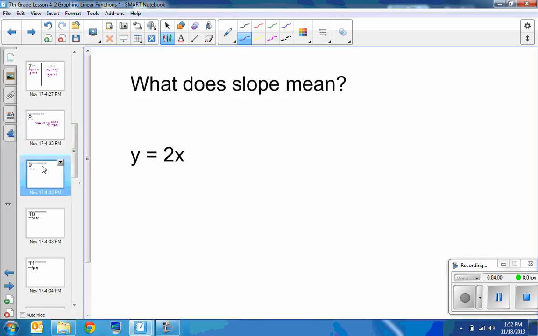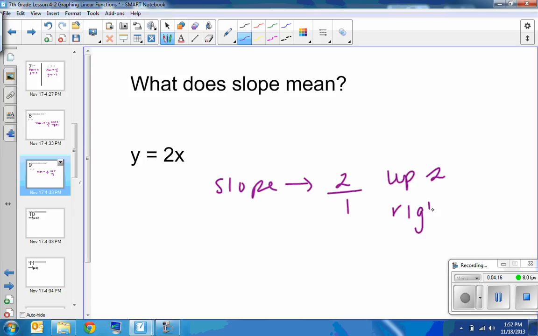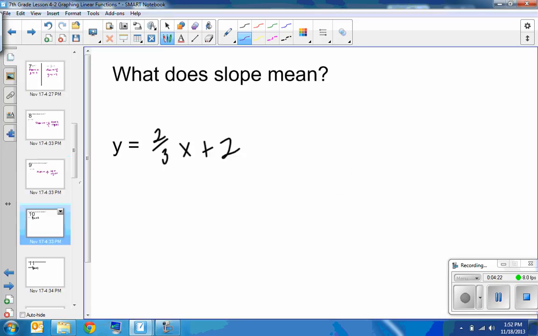So let's look at this one. The slope is 2. We want to write it as a ratio, so we know there's an imaginary 1 there. It's a +2, so I go up 2, then right 1. Let's look at this.